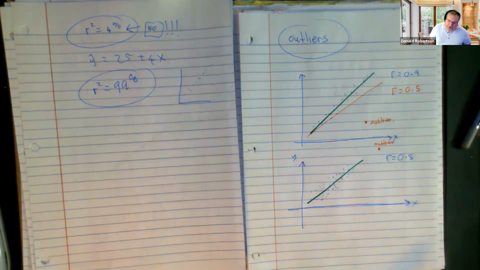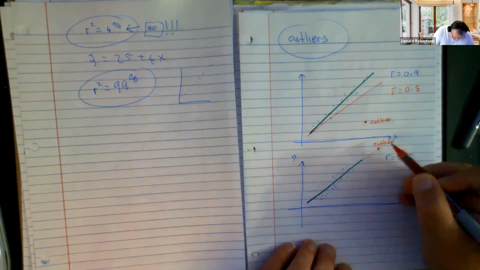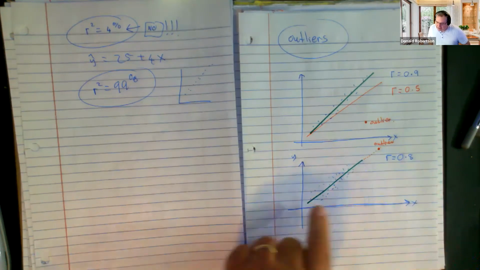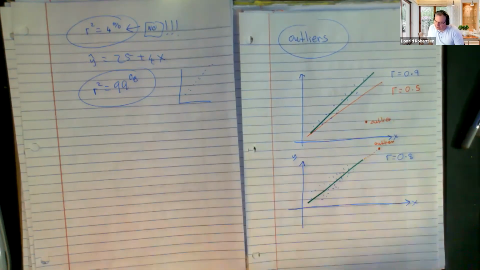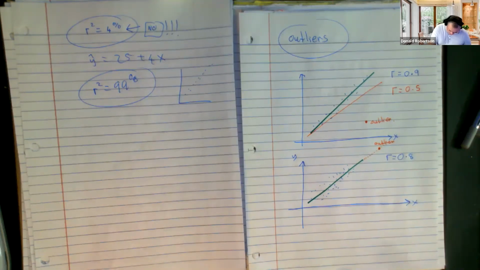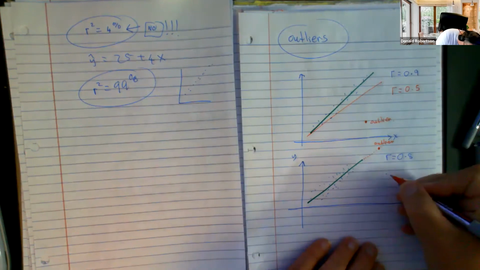And I'm choosing this outlier in a very, very specific way. I'm picking the outlier so that it's in the same direction as the rest of the data. Do you see it's in the same straight line as most of the data is following? And it's important that I have my outlier here. This one might surprise you.